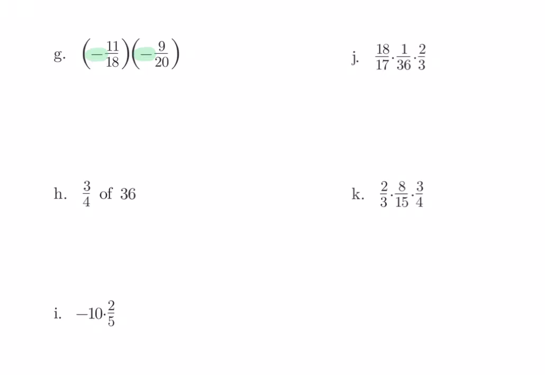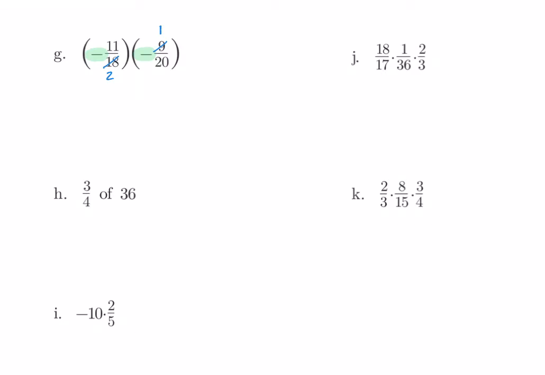So if we go ahead and do some cancellations here, I know that 9 and 18 are both divisible by 9. So we get 9 divided by 9 is 1. 18 divided by 9 is 2. Can I cancel anything else? Can I cancel 2 and 20? The answer is no, because they are both in denominators.